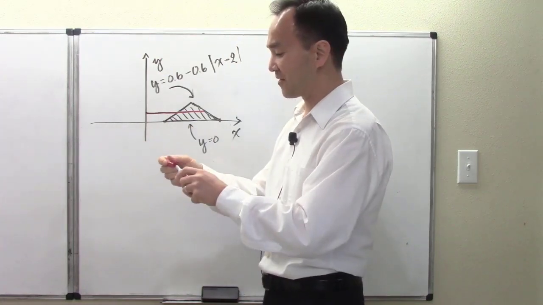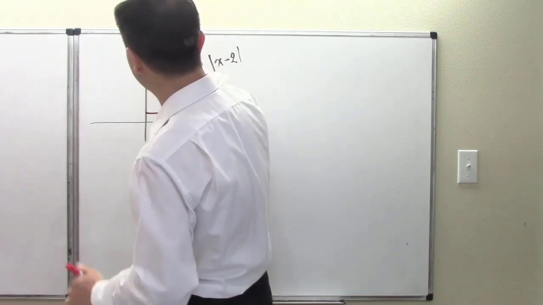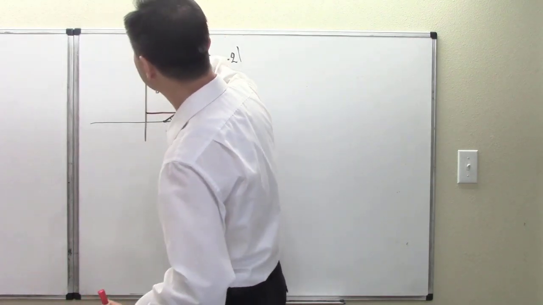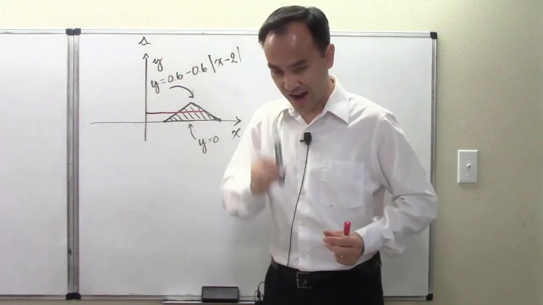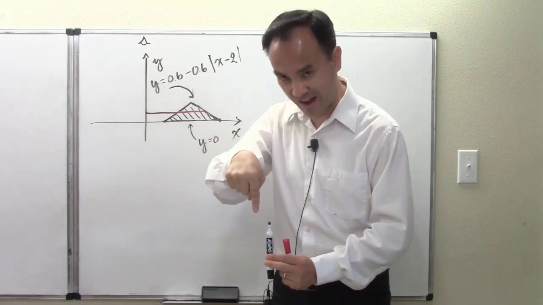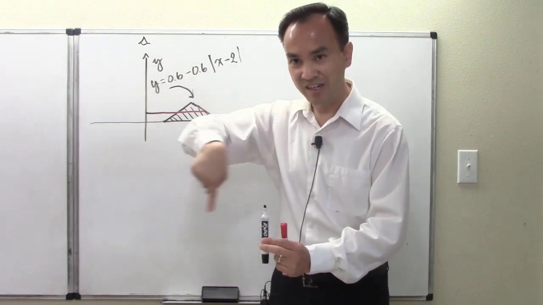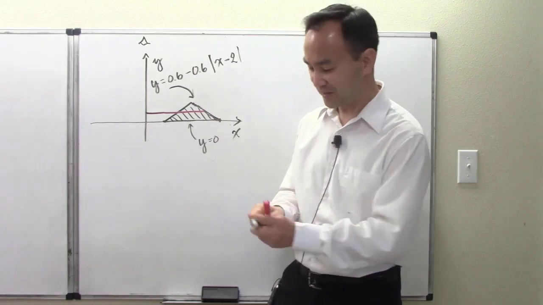Then we place our eyes, and we have to imagine that our eyes are placed to look down. There's the eye right here, looking down, so the y-axis is coming up this way, and we're looking down on that, and as we're rotating, each stripe is going to create for us a disc or a washer depending on how it looks.